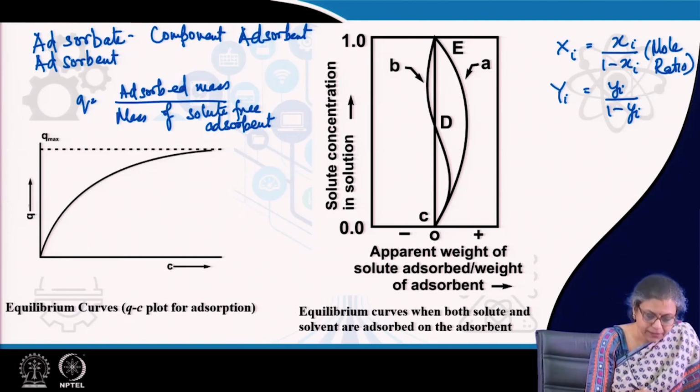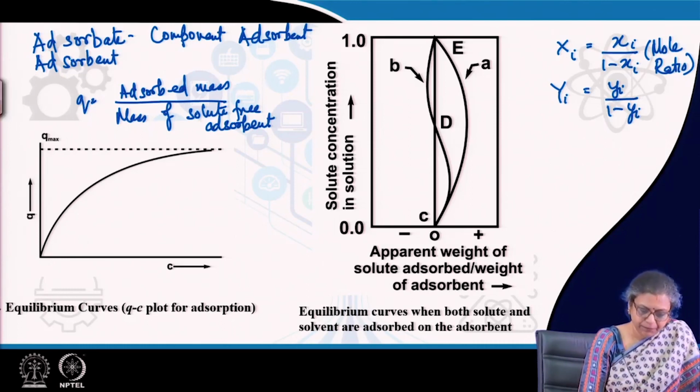So in this case, it is the adsorbed mass of the adsorbate divided by the mass of the solute free adsorbent.